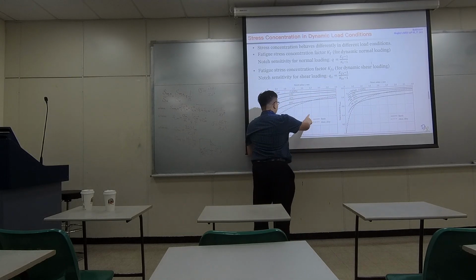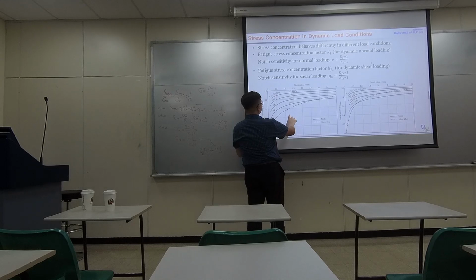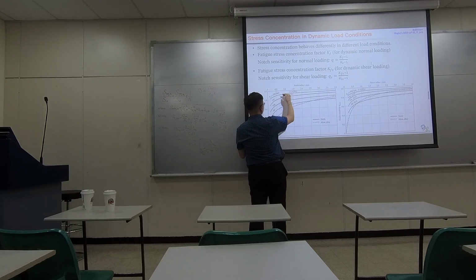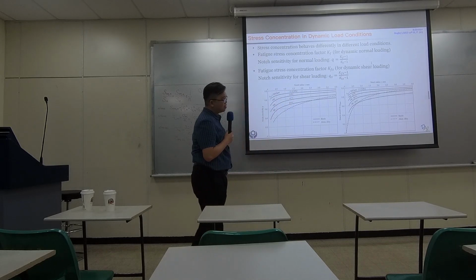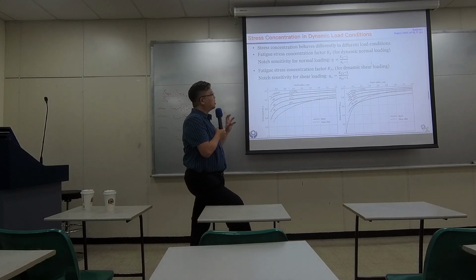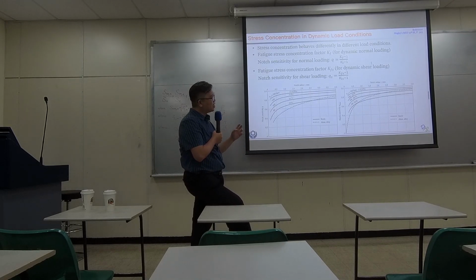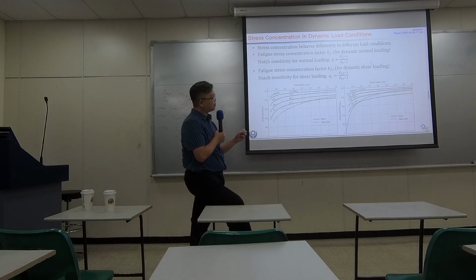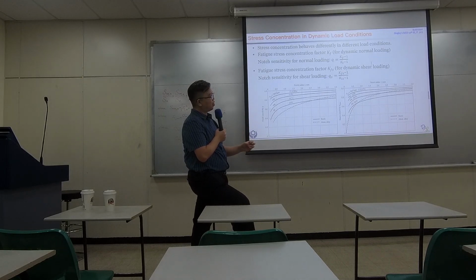So for steel, if you have harder materials, then you have Q close to 1. So for harder materials, the stress concentration effect is very close to the one when it's under static load. Okay?